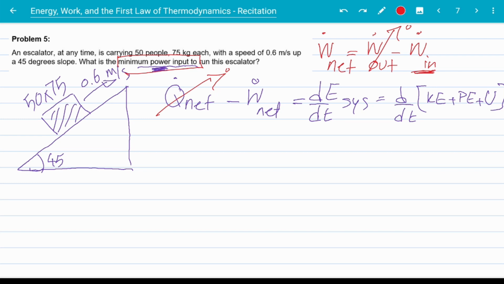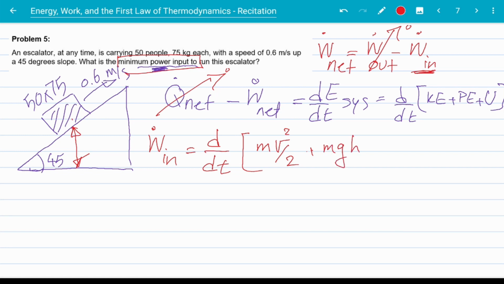Now, if we plug in the W net that we found here into our first law equation, we get that W dot in is equal to d/dt of kinetic energy, which is mass times velocity squared over 2, plus potential energy, which is mgh, the elevation of this box of mass from the ground, plus internal energy.